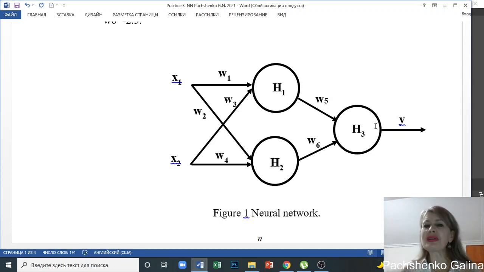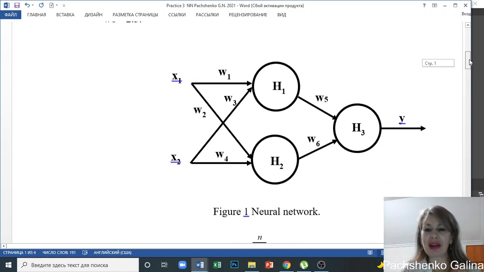So let's calculate the outputs of all these 3 neurons, and the output of our neuron number 3 will be the output of our neural network. Please note that we divided our task into 3 small tasks that are like our task in practice 1. So this is our practice 1, this is our practice 1, and this is our practice 1.